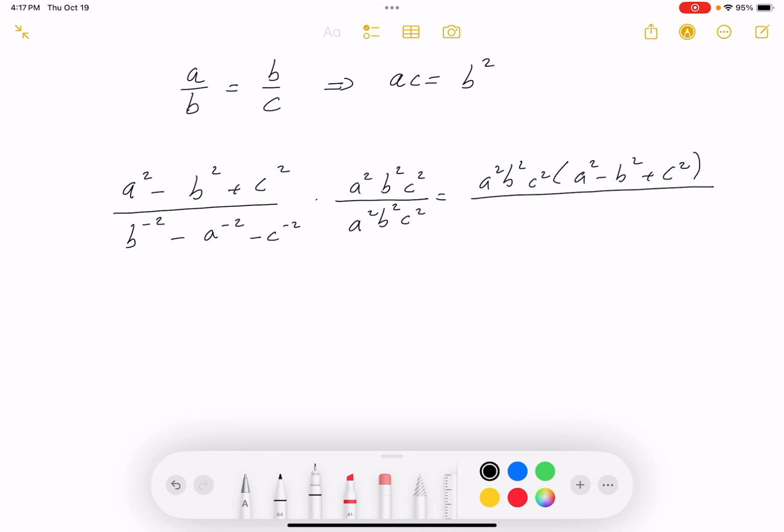On bottom, what do you get? Well, on the first term, you just get A squared C squared. Minus, you're going to get B squared C squared. Minus A squared B squared. Sorry, keep misspeaking.